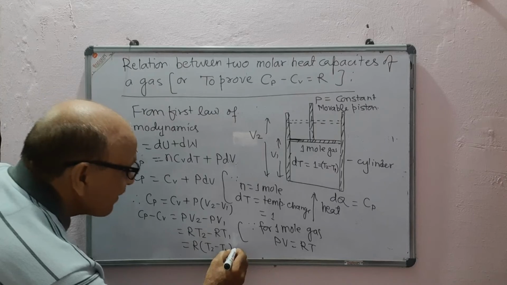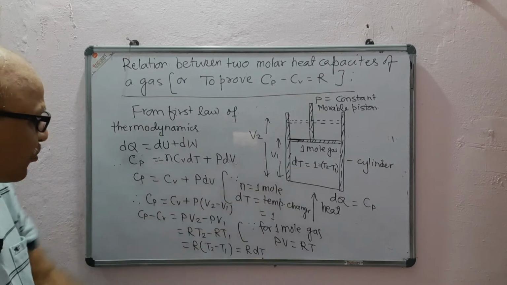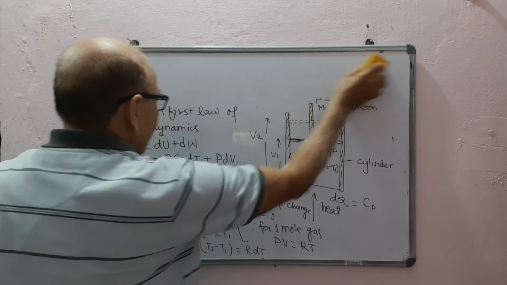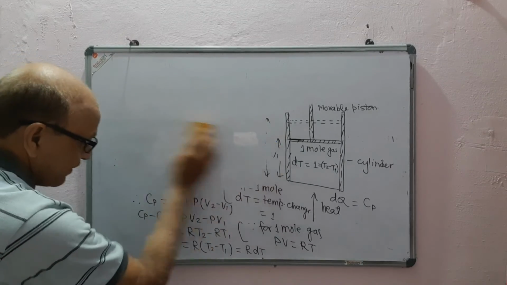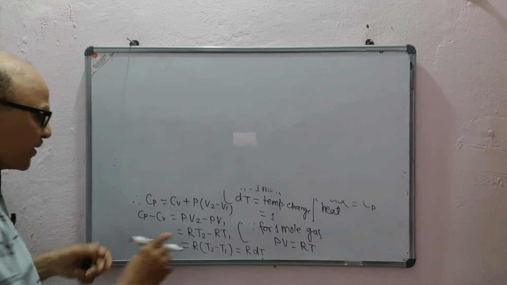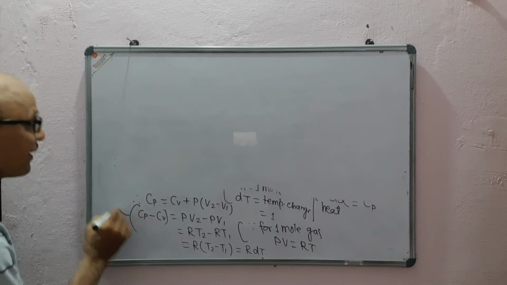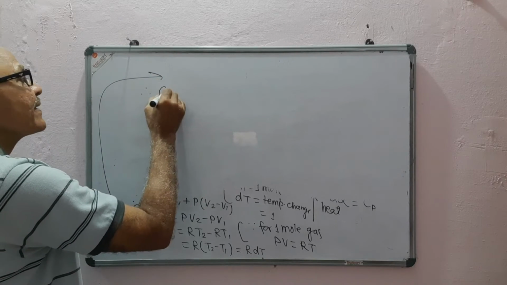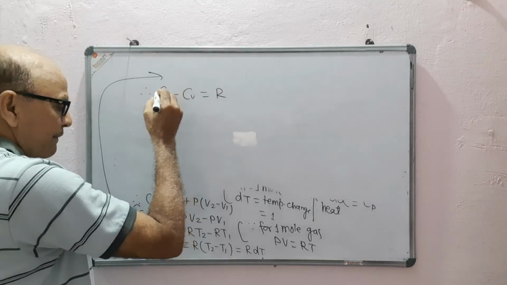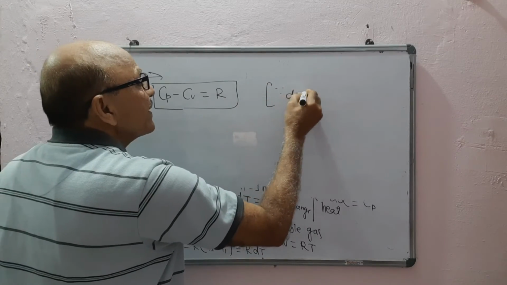So R times dT, and dT is 1. Therefore, this relation gives Cp minus Cv is equal to R.